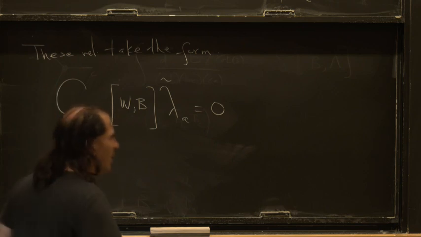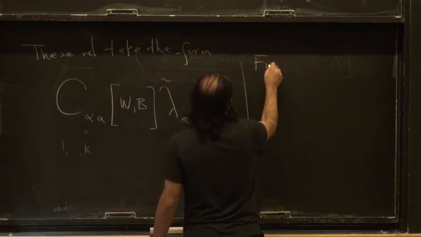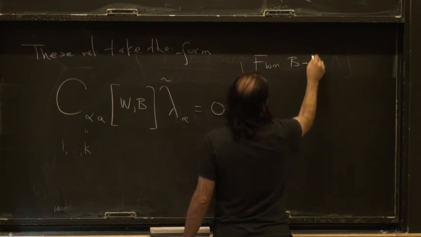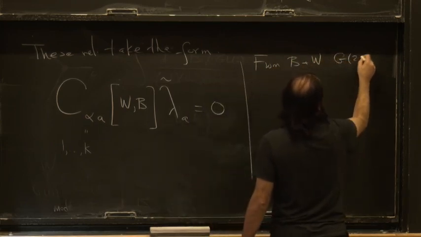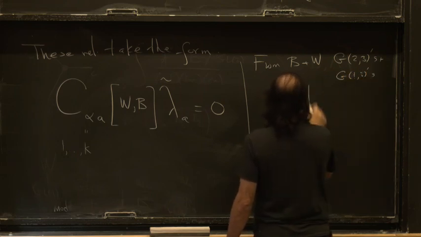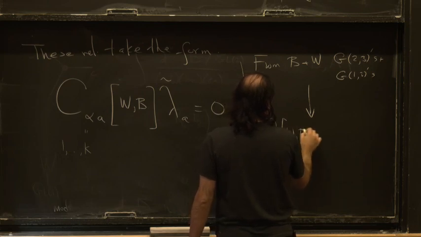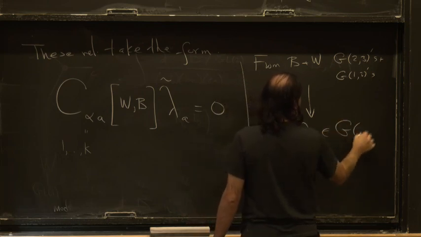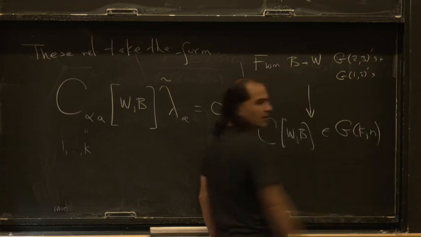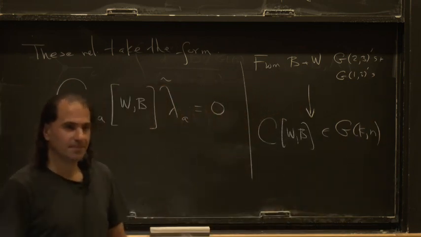So from here, what I've done is produce, from the black and white vertices, from black and white little g23s and g13s, some matrix C that lives in GKN. So I'm sort of parametrizing some part of GKN.